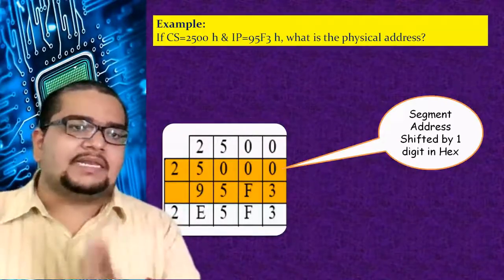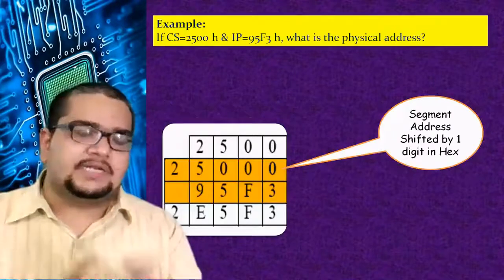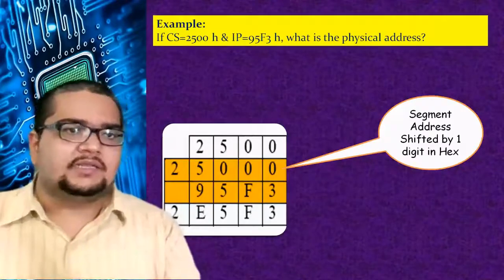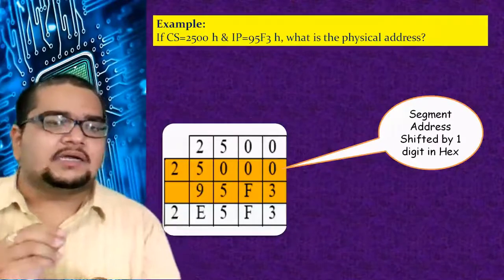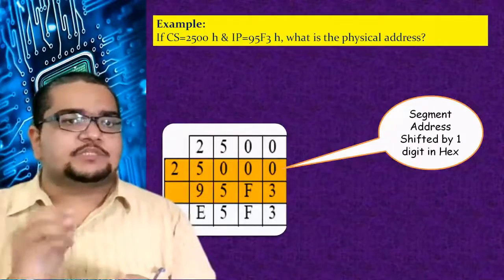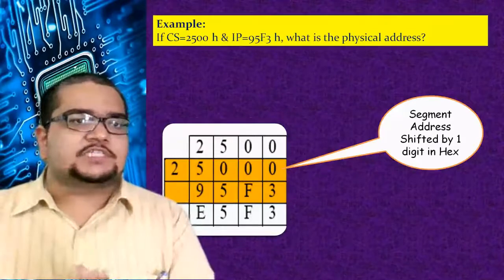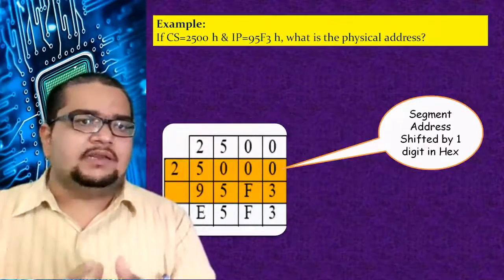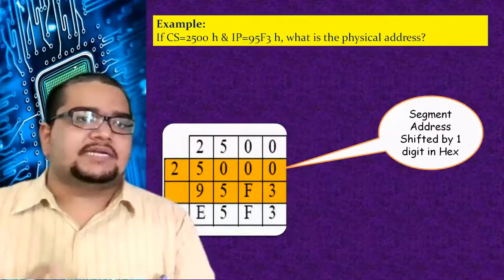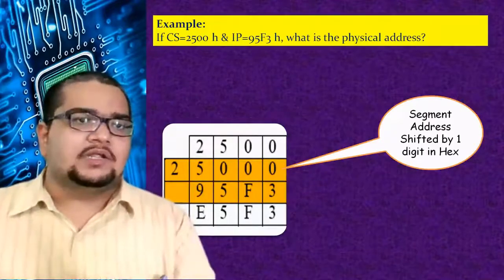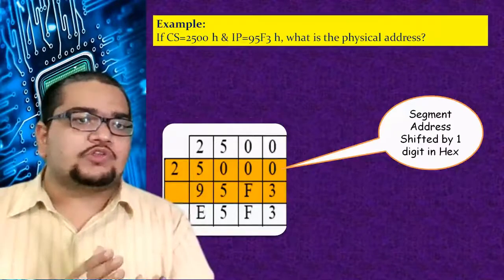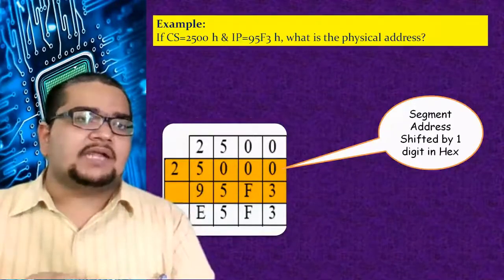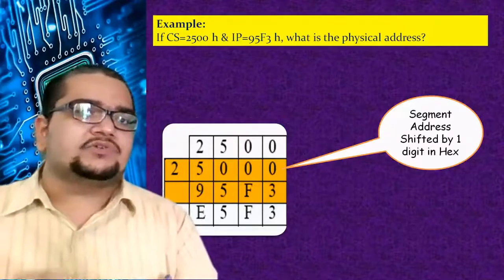When you multiply any number with its base, in decimal 10 and in hexadecimal 16, it shifts its position by 1 digit. So the original 10 shifted one digit to the left, and an extra 0 is introduced on the right.